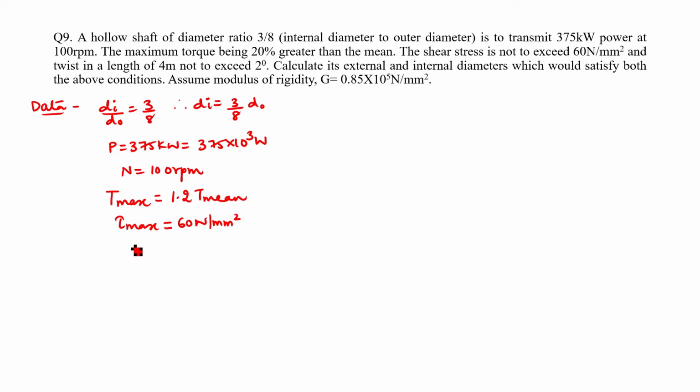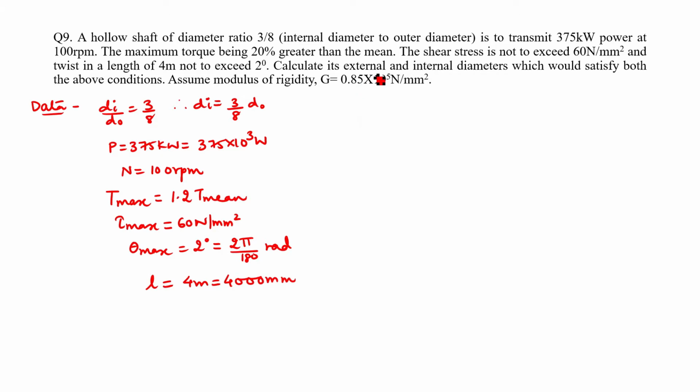So the value of theta maximum is given as 2 degree, that is 2 pi by 180 radian, and the length is given as 4 meter, that is 4000 mm.